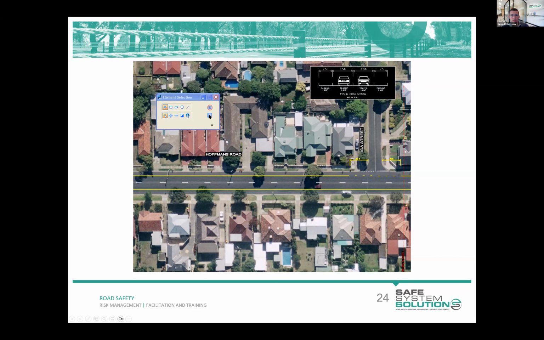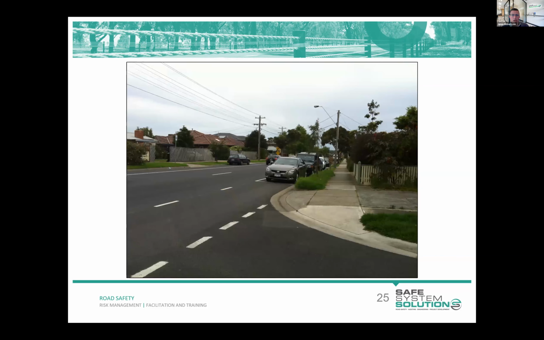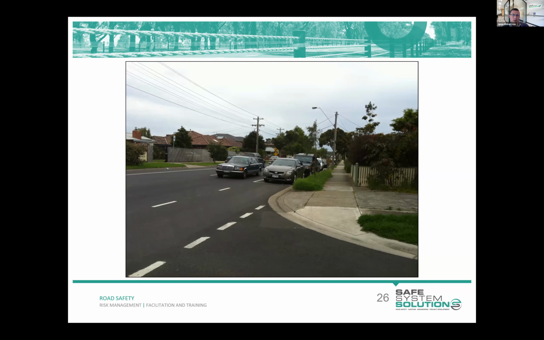All good in theory. This project was implemented and it looked like this, but very quickly after it was implemented, an issue arose involving crashes with vehicles turning out of the side roads along this particular road. You can see that the parked vehicles there are significantly obstructing sight lines for motorists turning out of those streets.